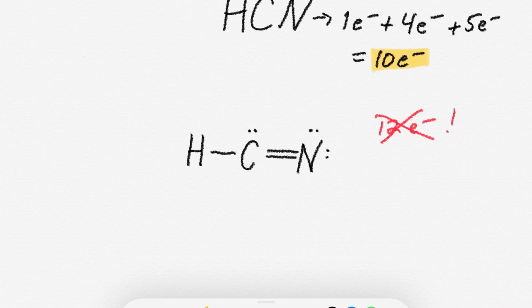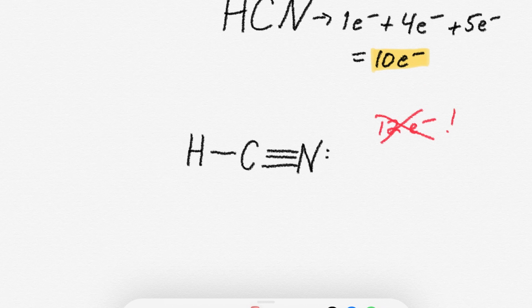What's the only thing that we can do now? Let's now try to add a triple bond. To add a triple bond, if we go from a double to a triple, we have to erase a lone pair to ensure that each atom in our structure is still agreeing with the octet rule.